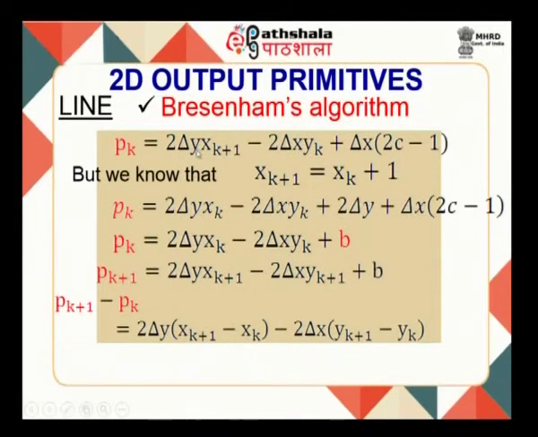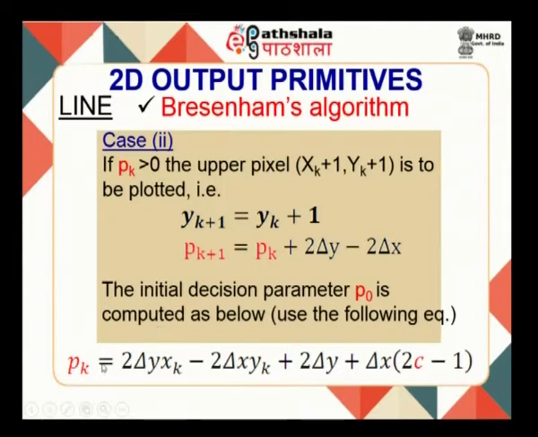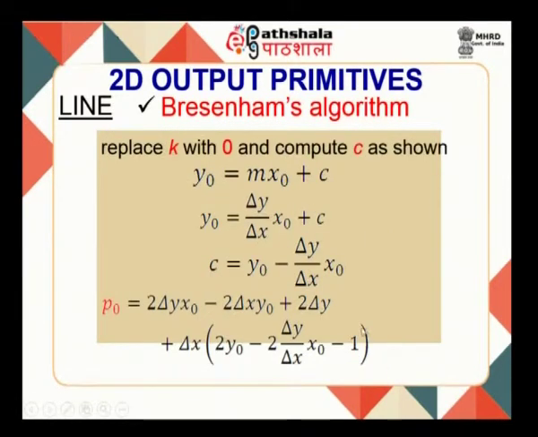In the equation pk equal to 2 del y xk plus 1 minus 2 del x yk plus 1, or you can take the equation 2 del y xk minus 2 del x into yk plus 2 del y plus del x into 2c minus 1, replace the subscript k with 0. So, that is p 0 equal to 2 del y x naught minus 2 del x y naught plus 2 del y plus del x into 2c minus 1.